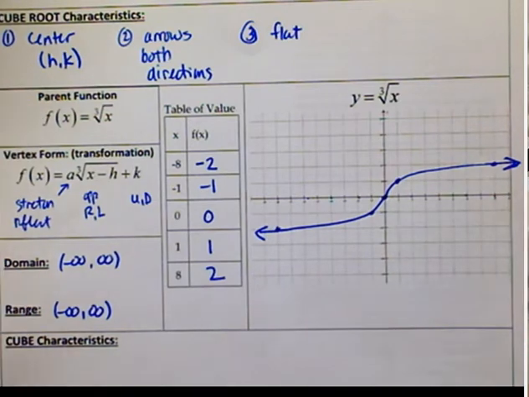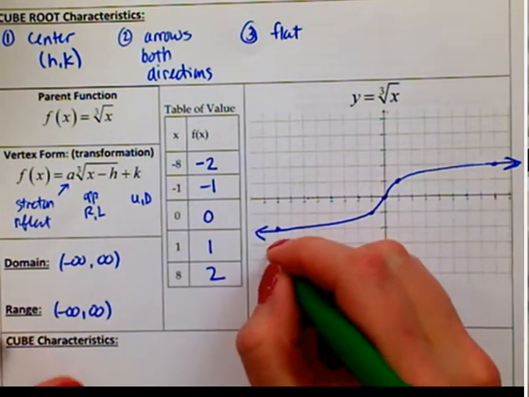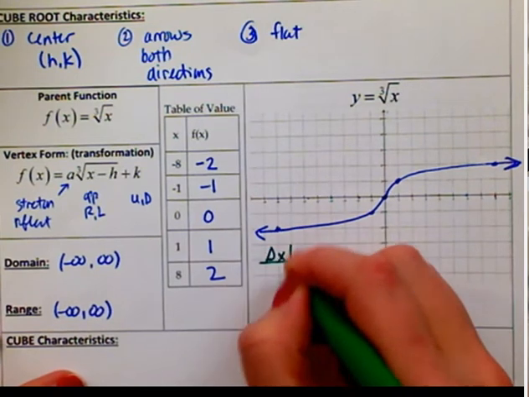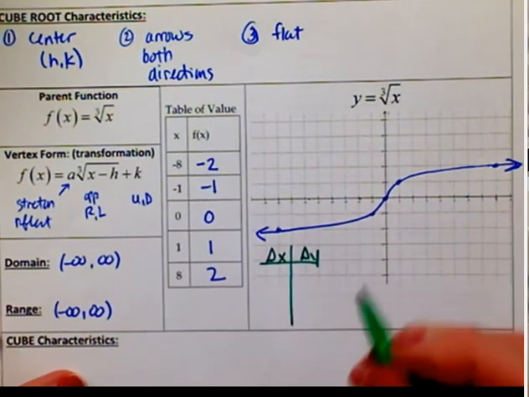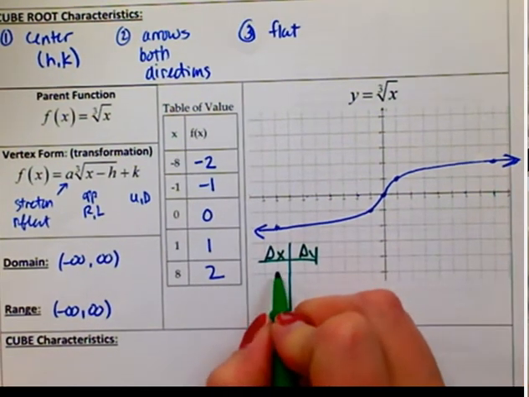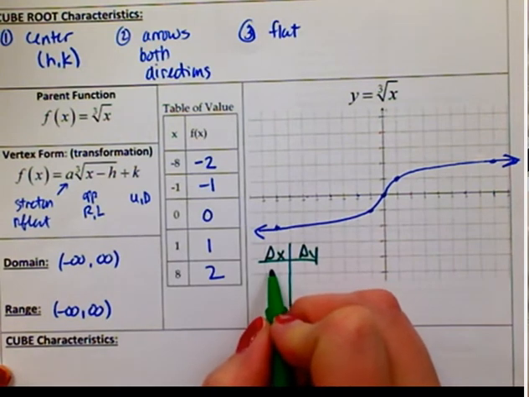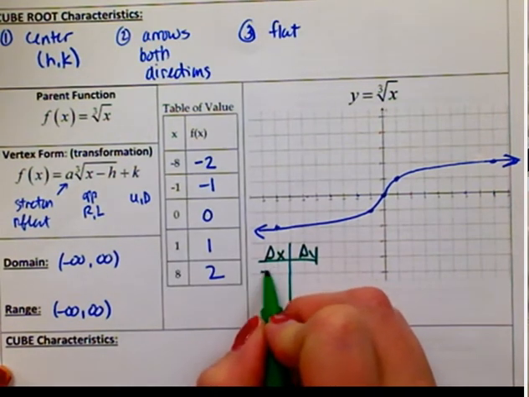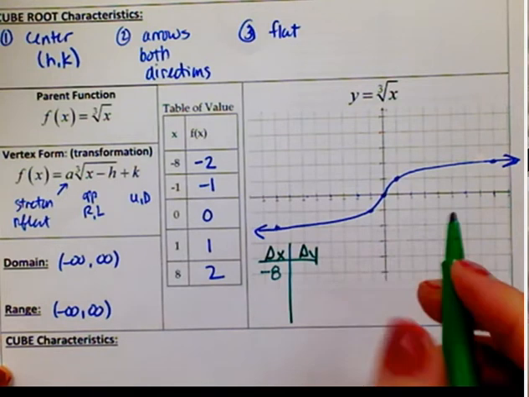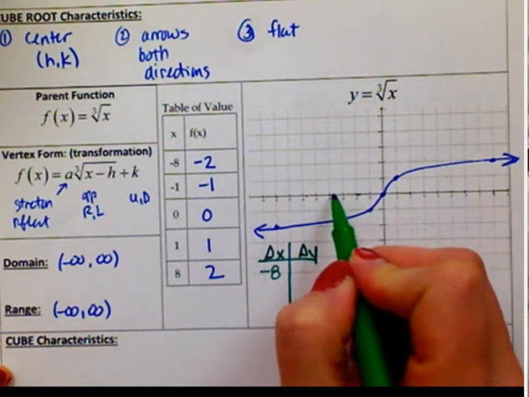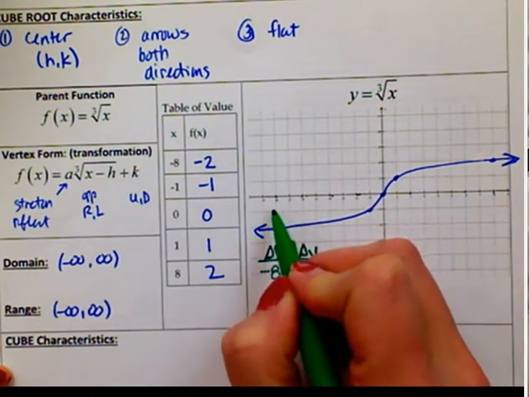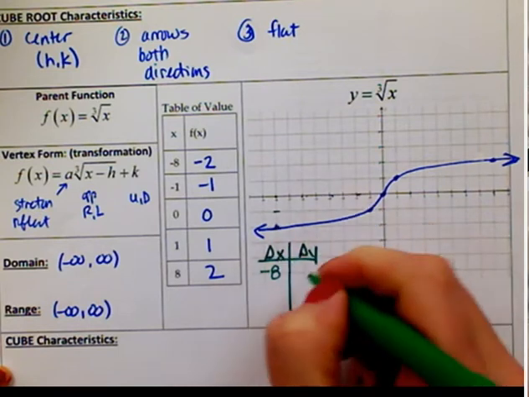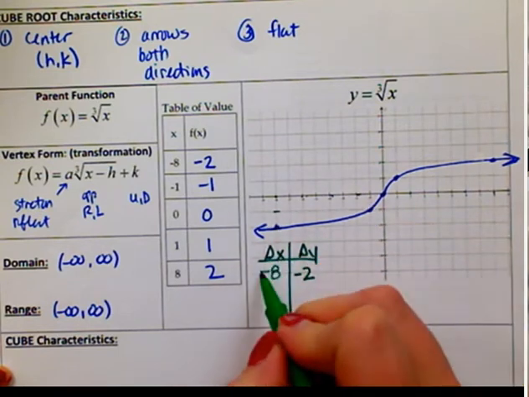Okay, and then let's look at our table. Change in x, change in y. Okay, so let's see. I put -8. And if I go over 2, 4, 6, 8, I go down 2. Cube root.